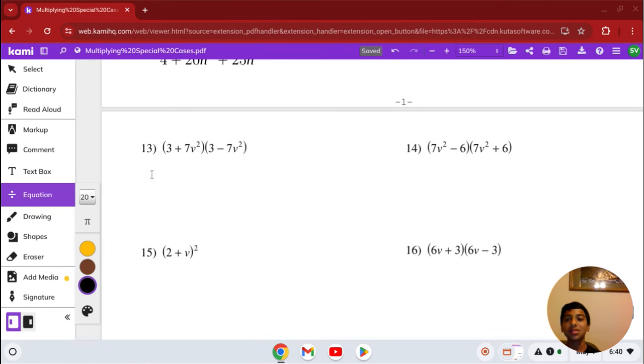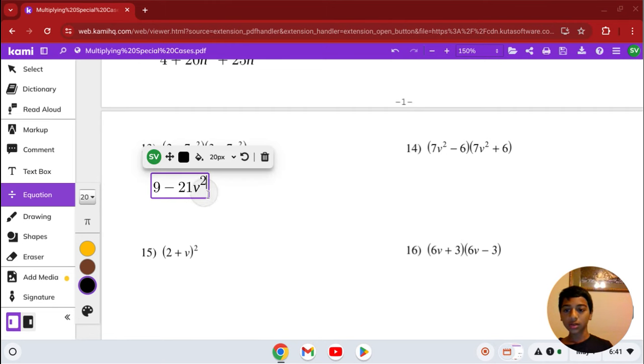Number 13, we have (3 plus 7v squared) times (3 minus 7v squared), which is 9, minus 7v squared times 3, which is 21v squared. 7v squared times 3 is a positive 21v squared.